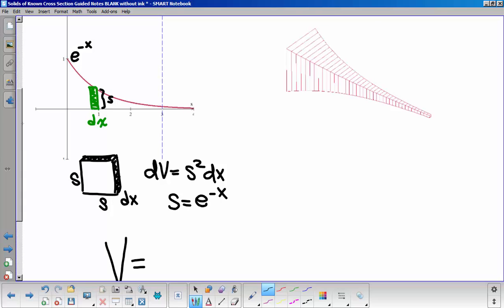So I'm going to pull a slice of the square out, and I just drew it here so I could figure out what this one's volume is functionally. We said it's going to be S squared times how thick it is. What is S functionally? It's e to the negative x. That's its length.